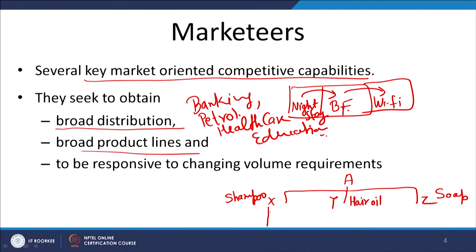Within these, companies offer different variants of shampoos X1, X2, X3, etc. Similarly, for Y, there may be variants Y1, Y2, Y3, Y4, and for Z, Z1, Z2, Z3, Z4, etc. Now, you are offering X1 to Z4, and that is known as your product mix. In this product mix, X, Y, Z are known as product lines.